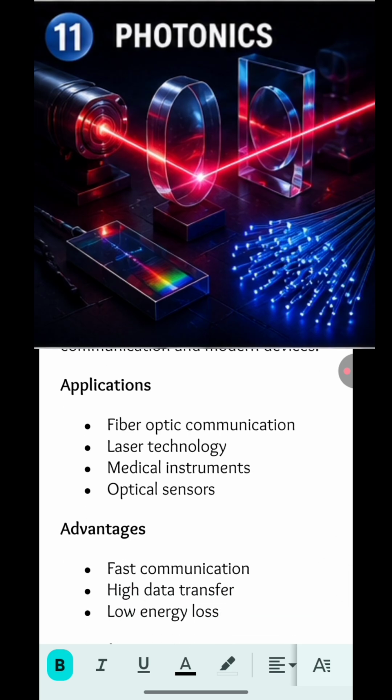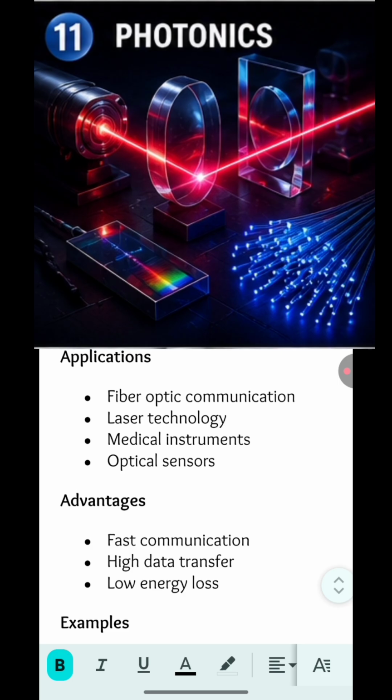What are the applications of photonics? Fiber optic communication, laser technology, medical instruments, optical sensors are the applications of photonics. And advantages are fast communication, high data transfer, low energy loss.